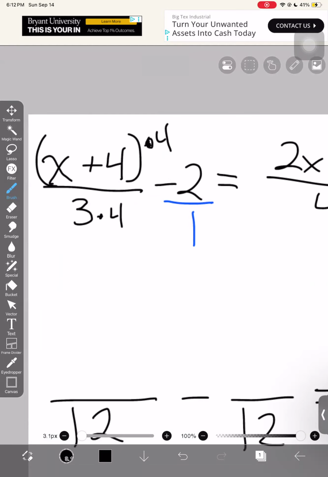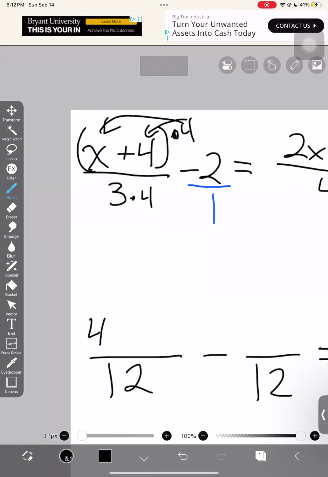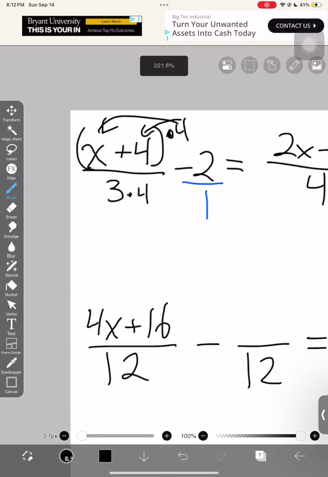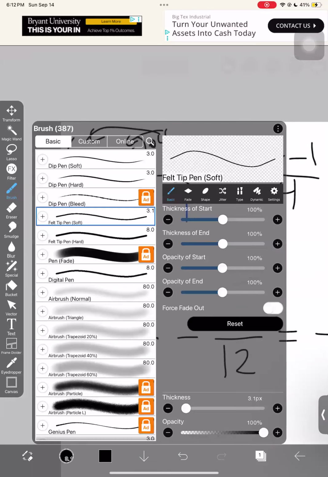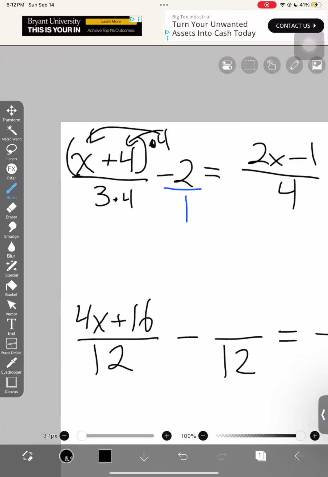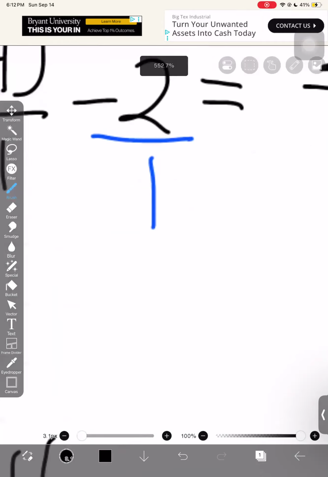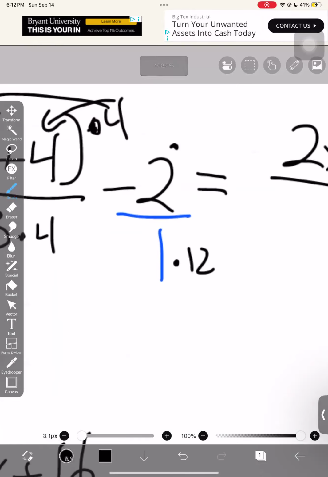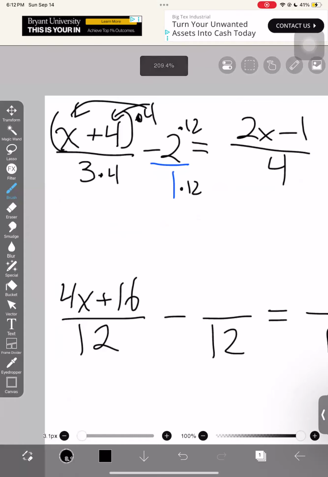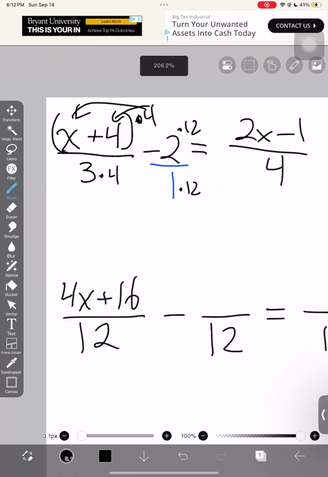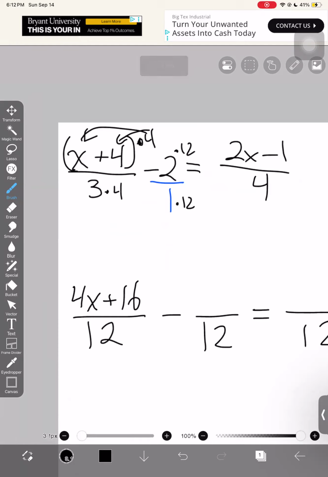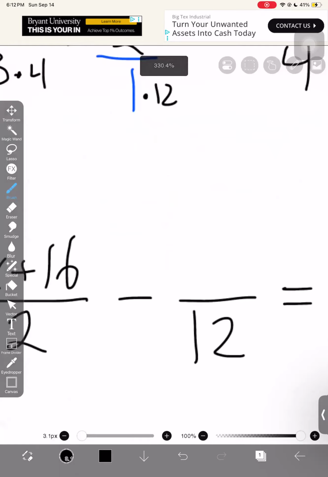And what does this do? Well, we distribute. 4 times x is 4x. And then 4 times 4 is 16. So far, so good. What did I have to multiply 1 by to get to 12? Well, I had to multiply by 12. And whatever I do to the bottom, I must do to the top. And what is 2 times -2? Or 12 times -2, and that is 24.